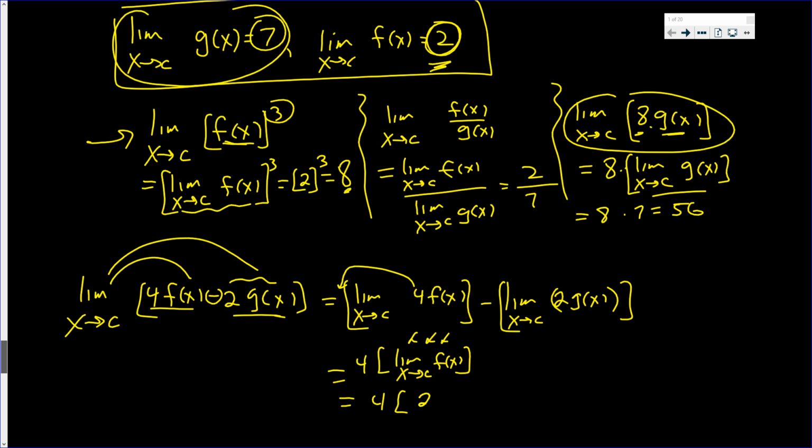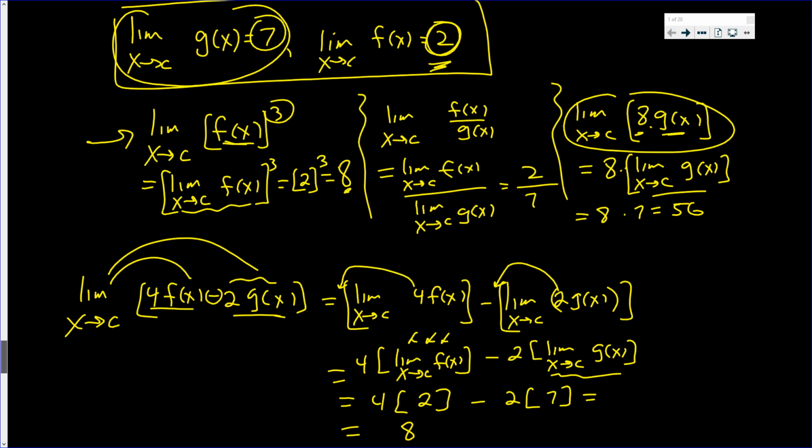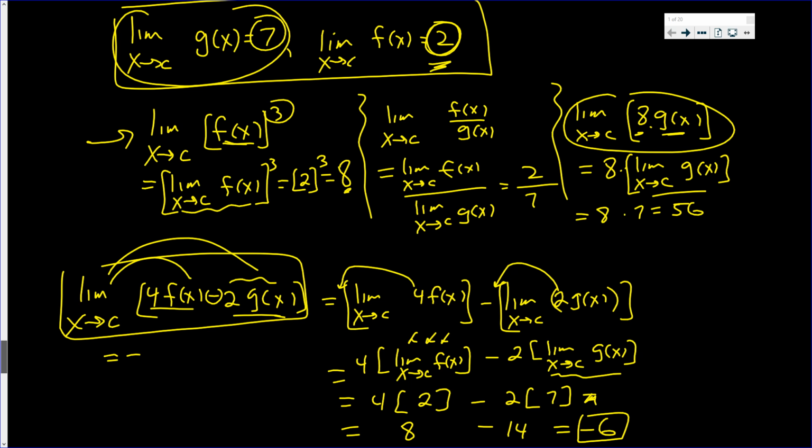They told us this limit is 2. Minus, let's pull the 2 in front again, with a constant in front again. And then you multiply that by the limit of g(x). But the nice thing is they told us what that limit is. That limit is 7. So we have 8 minus 14, which is -6. This limit right here is equal to -6.